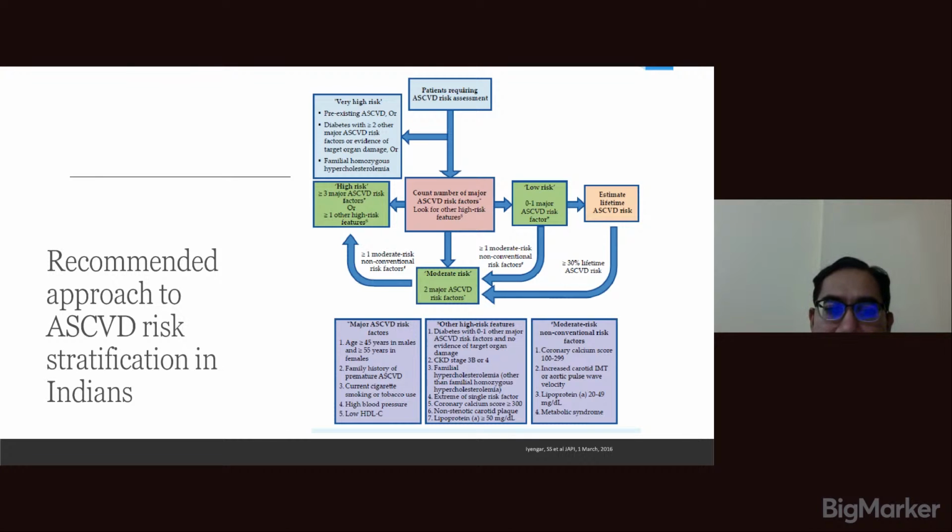The moderate risk factors are coronary calcium score of 100 to 299, an increased intima media thickness, a lipoprotein A value of 20 to 49, and metabolic syndrome.